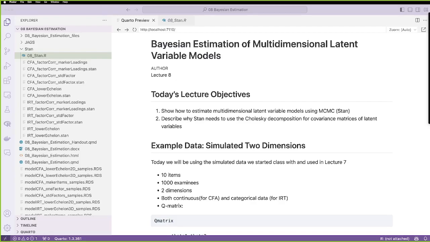Anyway, hope that, in particular, if you have an item that measures two dimensions, that there's not a latent variable interaction between those two dimensions. There's a theorem that we're going to talk about next week that describes how our unidimensional theta estimates become a composite, a blend of each of the dimensions, so long as any item that measures more than one dimension doesn't have a latent variable interaction.